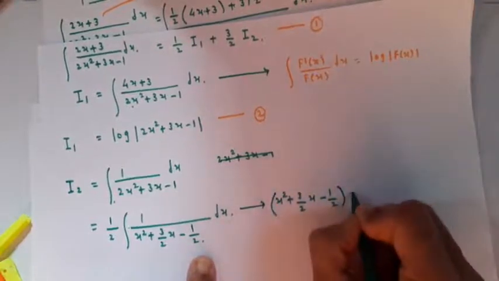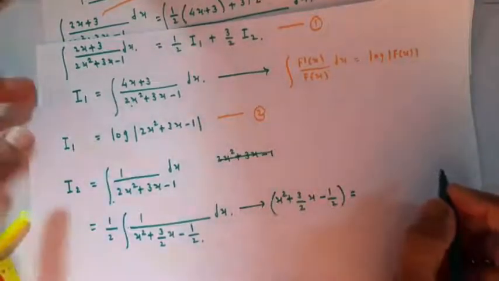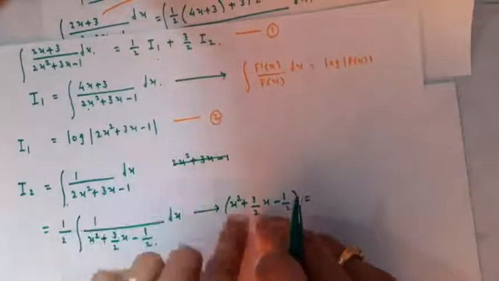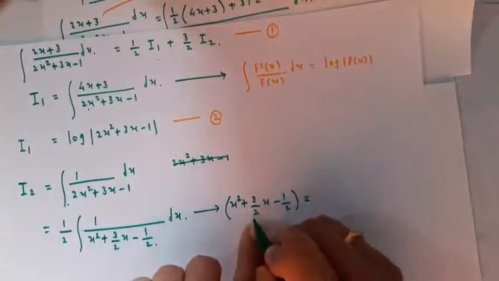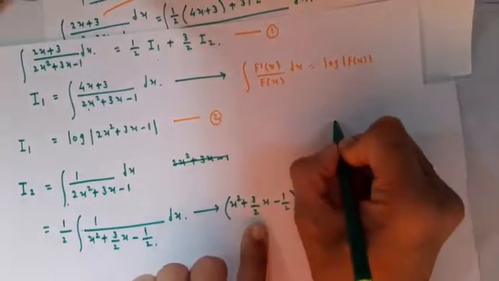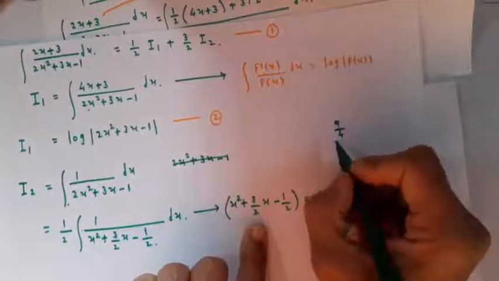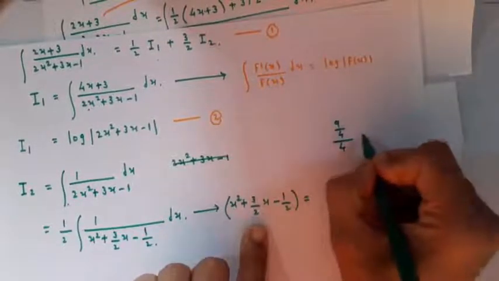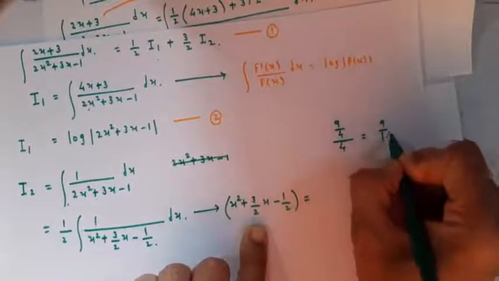For completing the square, adjust the terms. Here (b by 2a) whole square is 9/4, and again divided by 4 we will get 9/16.